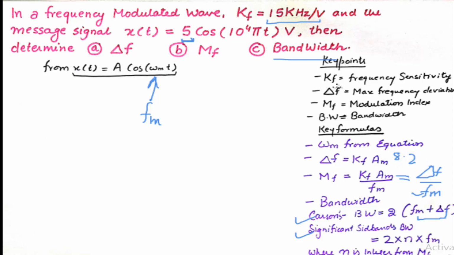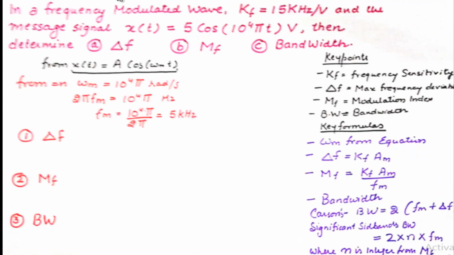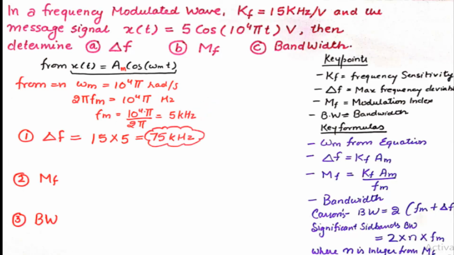So let's proceed, and from this we know that omega m is 10 raised to power 4 pi radian per second. We could find Fm, which is 5 kilohertz. So first thing is to find Fm, which is 5 kilohertz in this case, and we know that the maximum frequency deviation is 15 into 5. Right from here, this is Kf and this is Am.